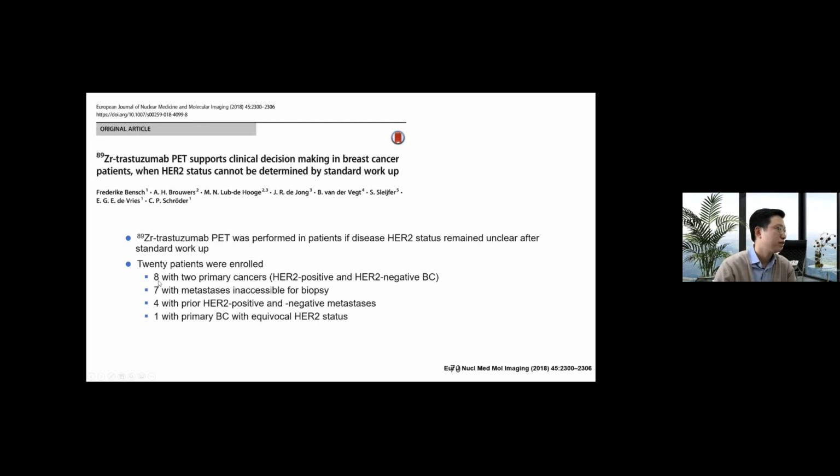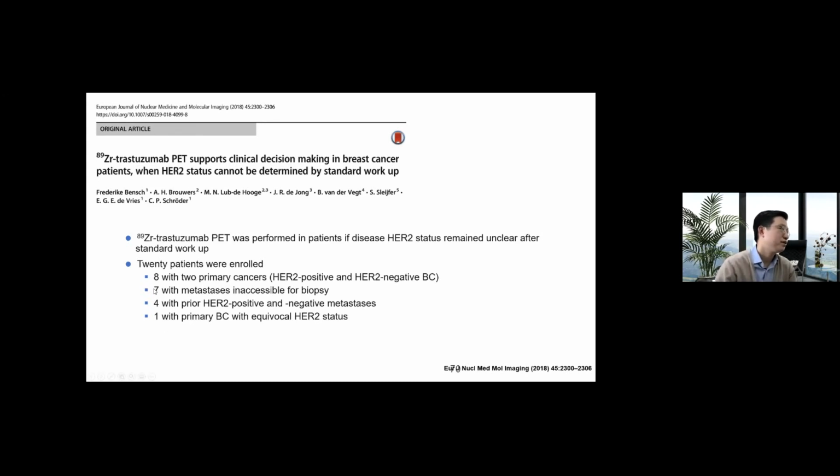8 of these patients had 2 primary cancers, one HER2 positive and the other HER2 negative, and the patients have multiple metastases, and they don't know if those metastases are HER2 positive or negative, and biopsy cannot be done for those metastatic lesions because it is too invasive.